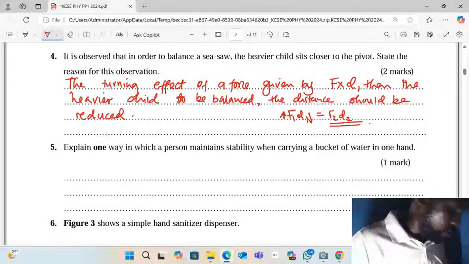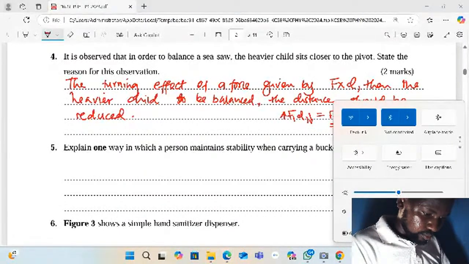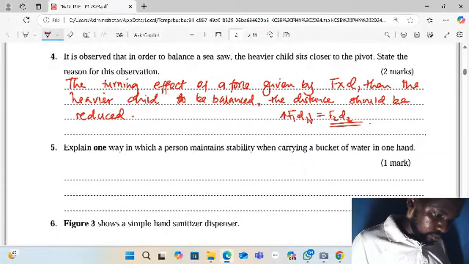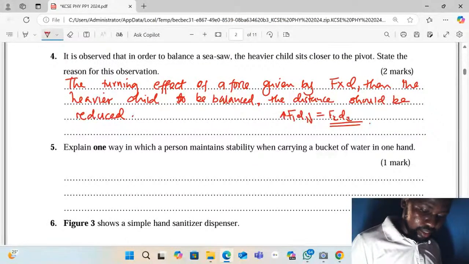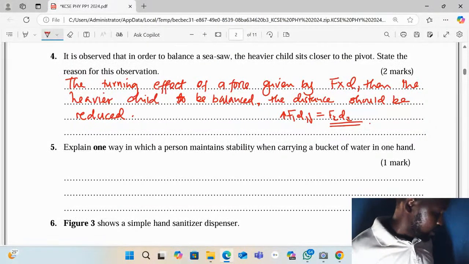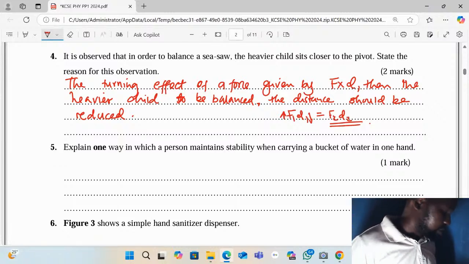Or when carrying a bucket of water, you see a person leaning on one side, or else he raises the opposite hand.